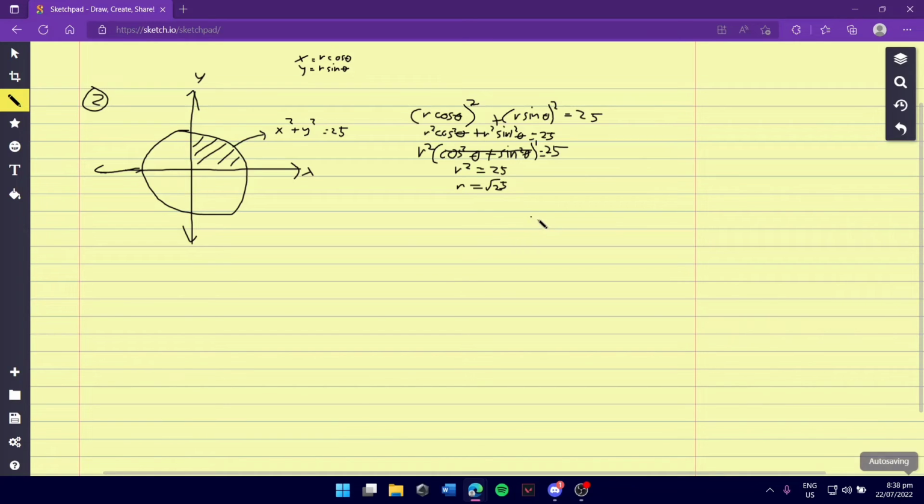Since the square root and the squared both cancel out, the value of the square root is 1/2, so 1/2 times 2 will cancel out. So r is equals to the square root of 25, which is your 5. So this is your circle.